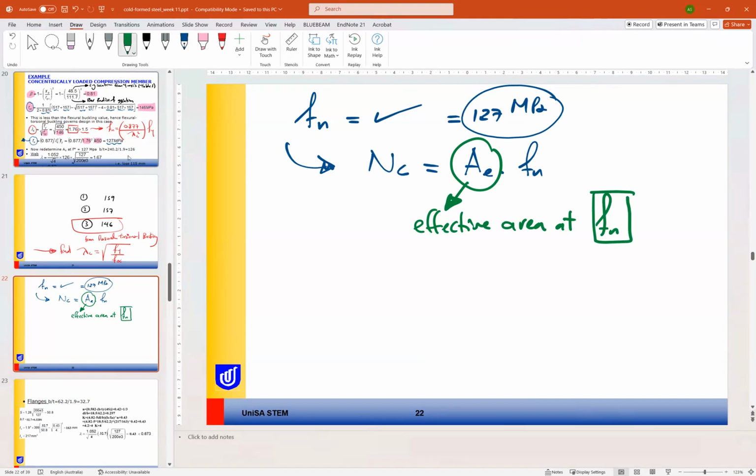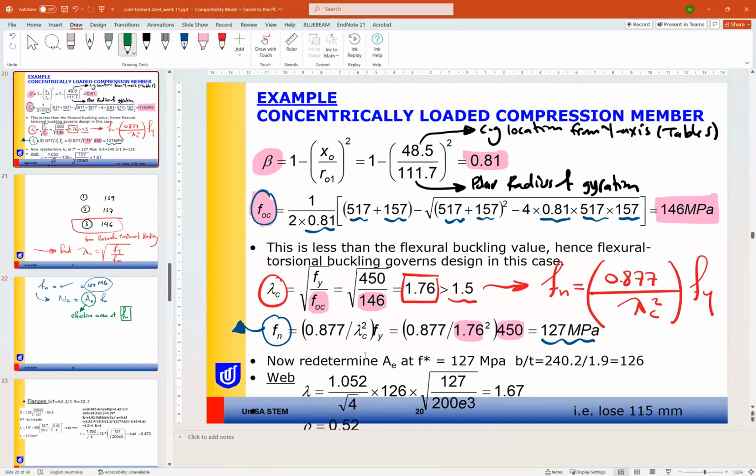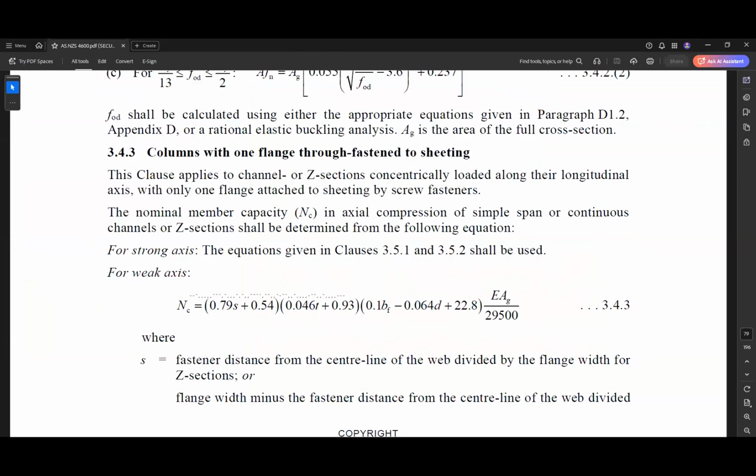So how can we find A effective? We need to calculate the effective area using the process we have done before for effective area.